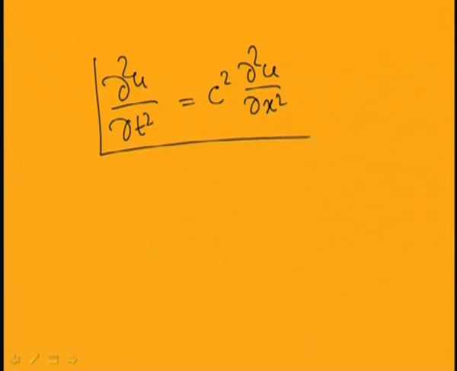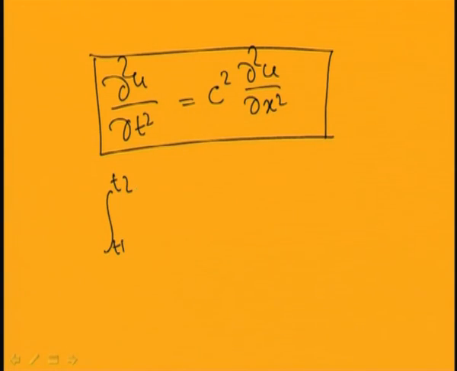So, in this way, by applying the Hamilton principle, you can derive the equation of motion of the longitudinal vibration of a rod. When applying the Hamilton principle, first derive the expression for the kinetic energy, the expression for the potential energy, and the work function.